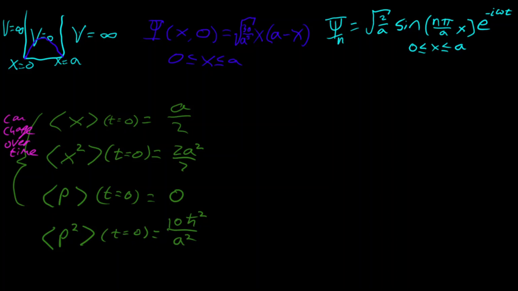And it turns out that even though this is at time equals 0, momentum squared, in this case, will not change in time. And I will show you why very shortly.